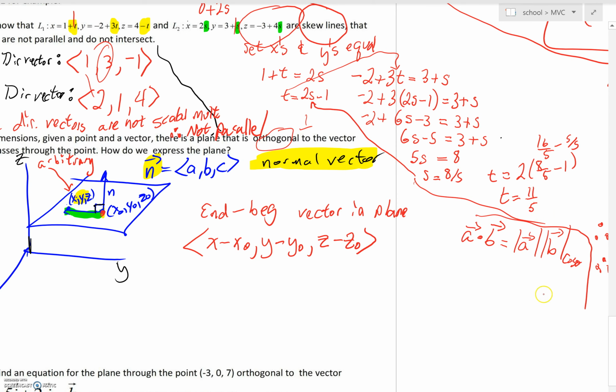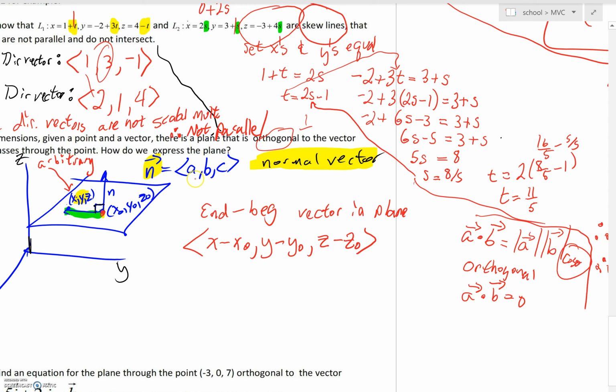Now we know that the cosine of 90 is 0. So for orthogonal vectors, for perpendicular vectors, the dot product is 0, because the cosine of 90 is 0.